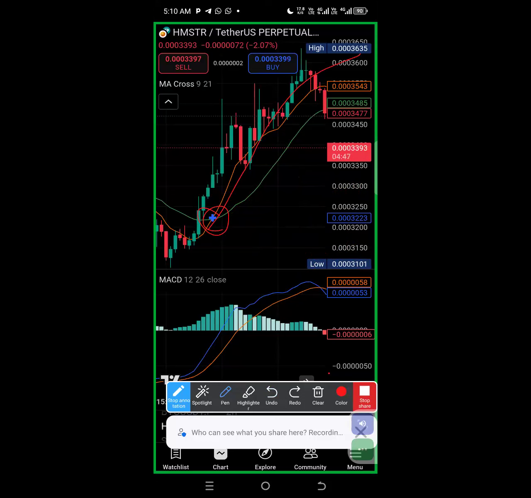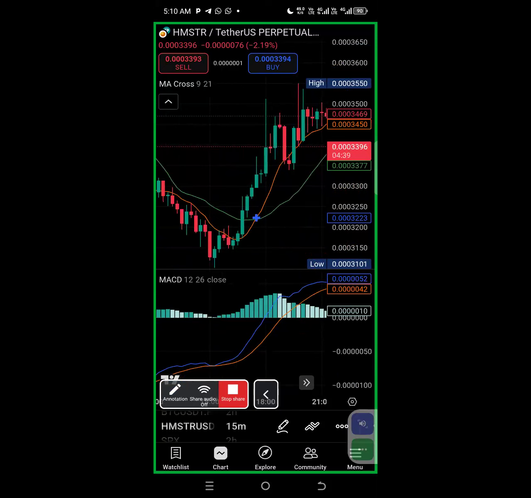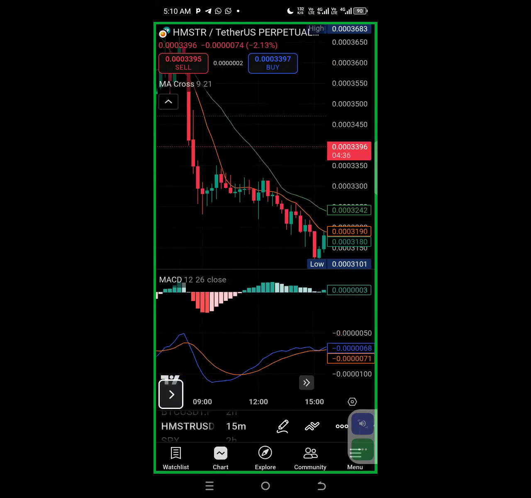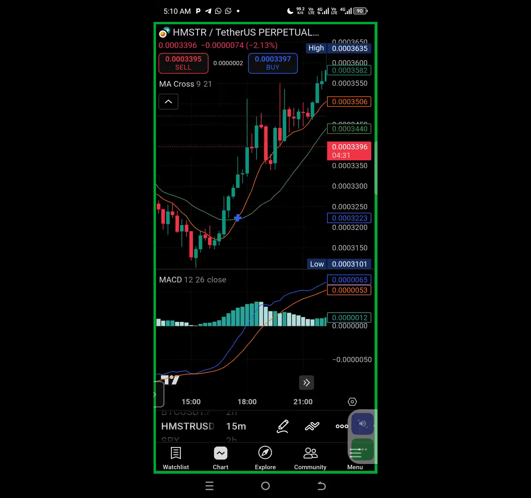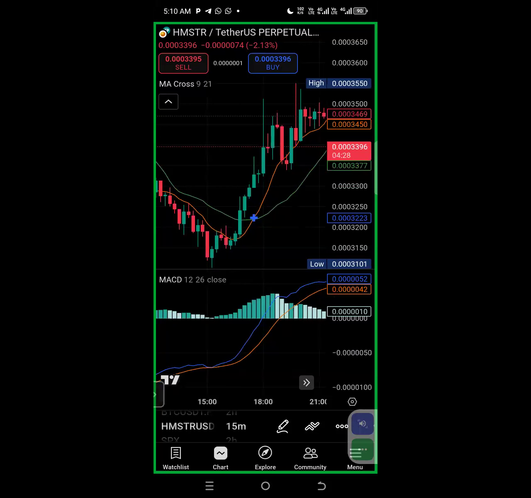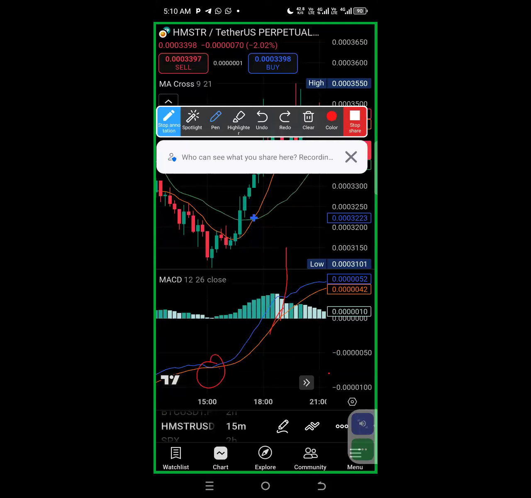Now, if the price is up, let's consider it from the MACD. Looking at MACD, you could realize that this is where the crossover happened, exactly here. After it happened at this point, you could clearly see that there was a strong bullish momentum, considering the histogram here.